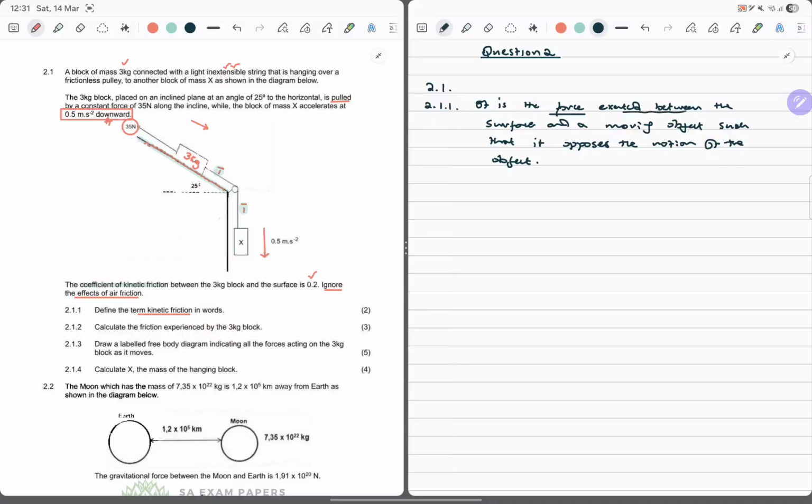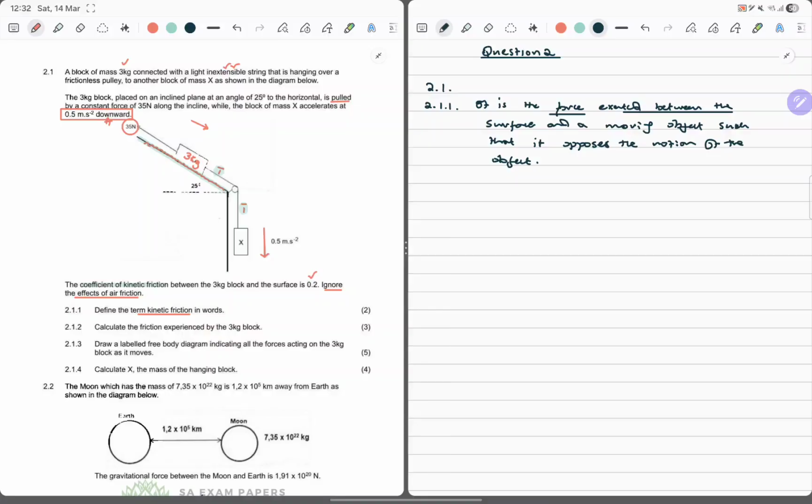but it is exerted between the surface. Okay, who is exerting friction, by the way? Who? Is it the object on the surface or is it the surface on the object? Now the question is, who experiences friction? Is it the surface or is it the object or is it both?